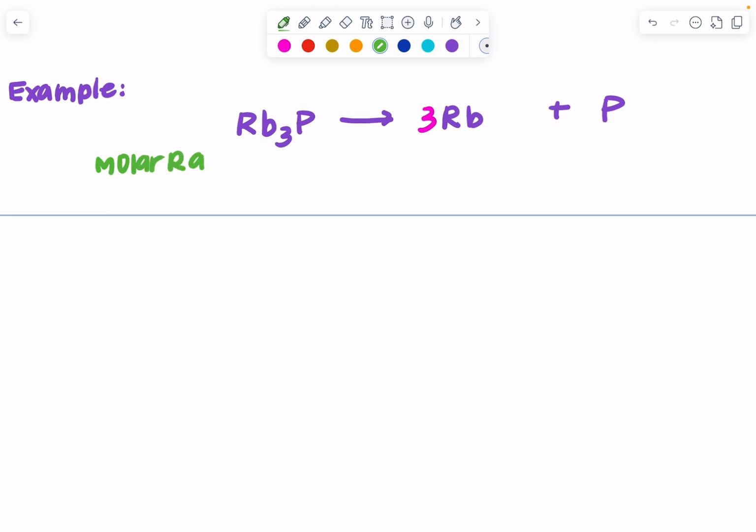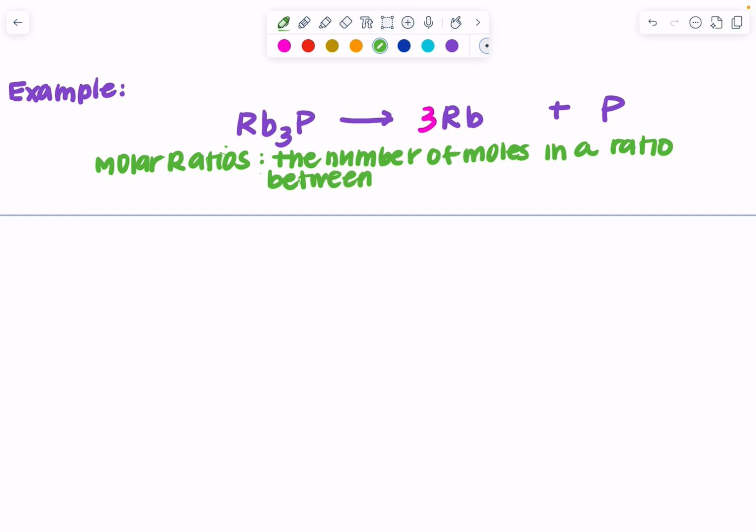Now we're going to look at exactly what I just told you. We're just going to give it a name. These are molar ratios. These are the numbers, or the number of moles in a ratio between the substances in a balanced chemical reaction.